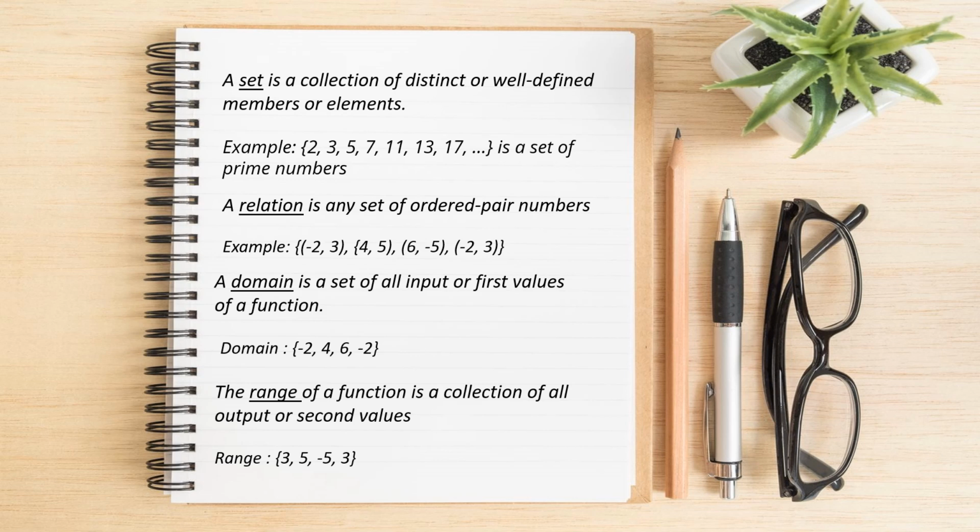We can check if a relation is a function either graphically or by following the steps. Examine the x or input values and also examine the y or output values. Then, if all the input values are different, then the relation becomes a function. And if the values are repeated, the relation is not a function.